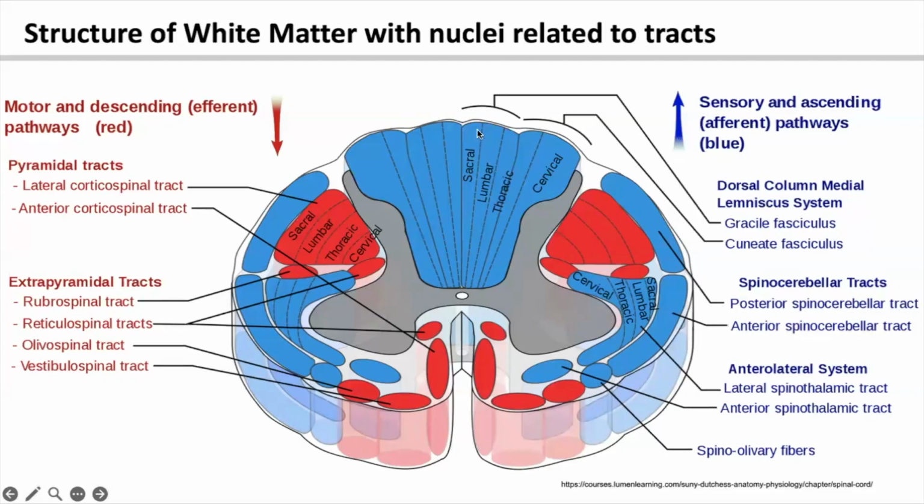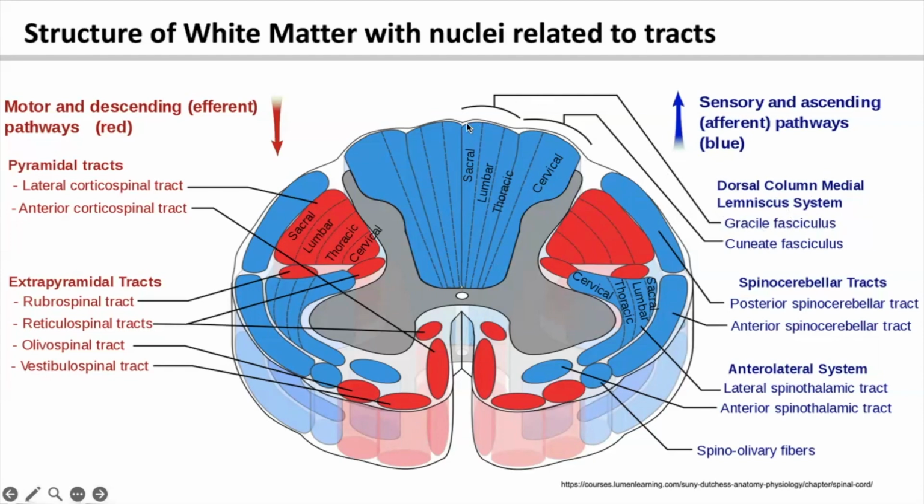Then comes the last, which is known as the lemniscus system, which is the dorsal column, which consists of two major tracts. One is known as the gracilis funiculus. We know the white columns are also known as funiculus. So this is the gracilis funiculus.